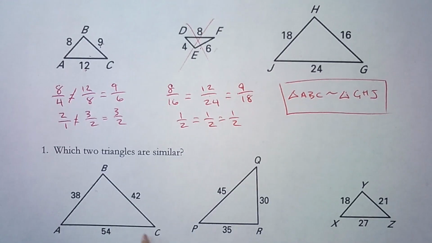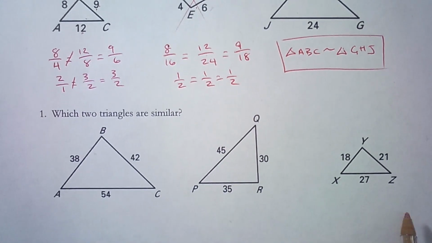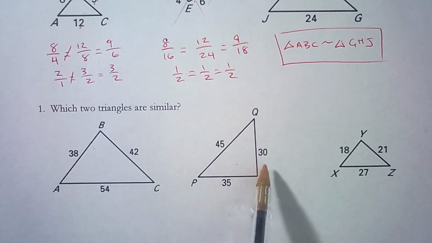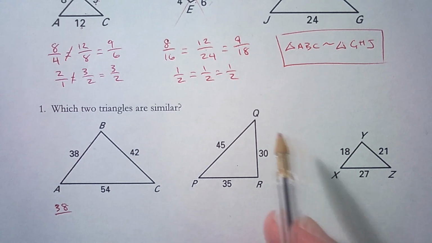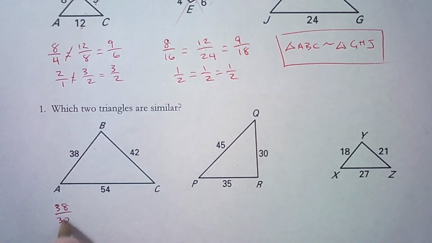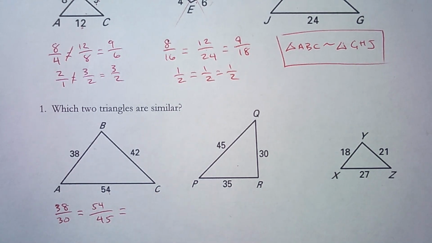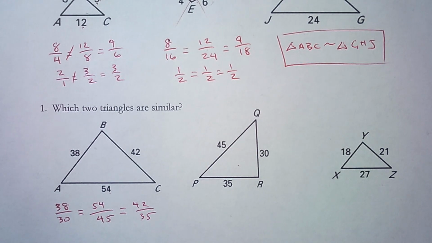Okay, are there any similar triangles here? Let's just start with these first two. Shortest over shortest, 38 over 30. Longest, 54 over 45. And then the remaining sides are 42 and 35. So do those all simplify the same? We can use a calculator if we want to.